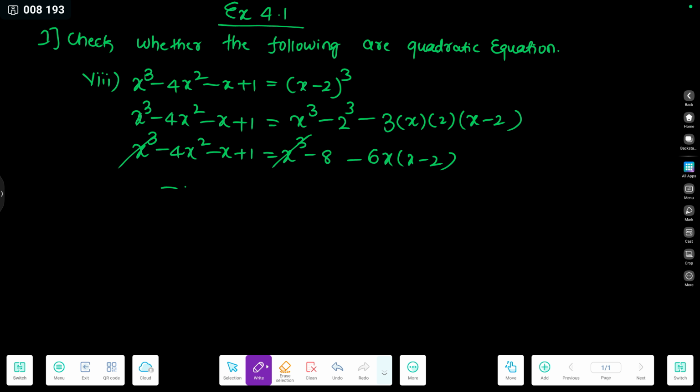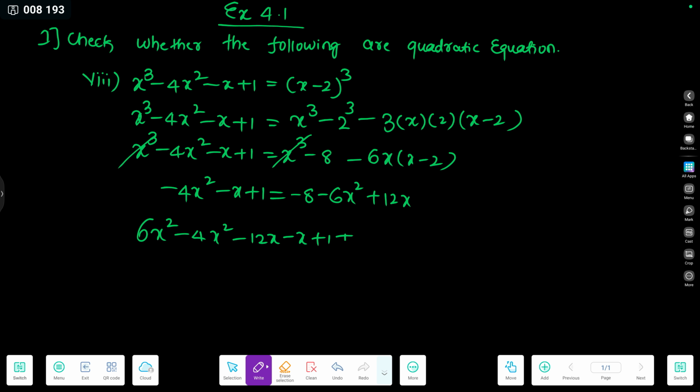What is left here? Minus 4x square minus x plus 1 equals minus 8. Take all to one side: plus 8 equals 0.